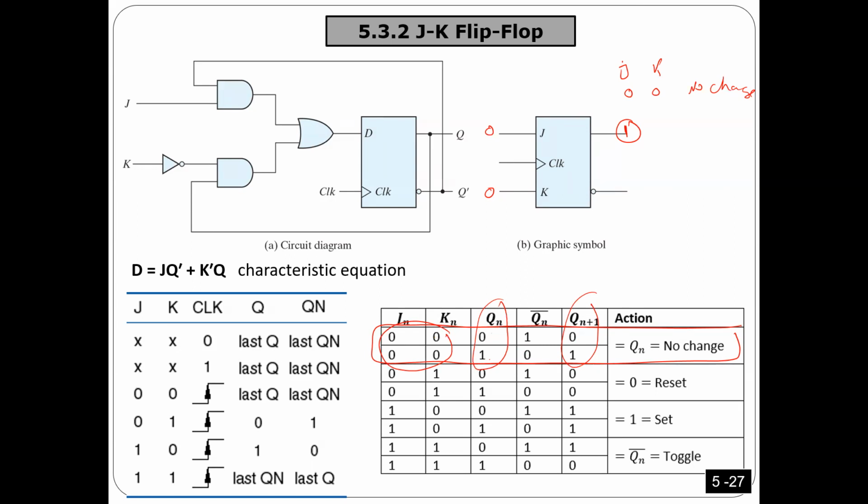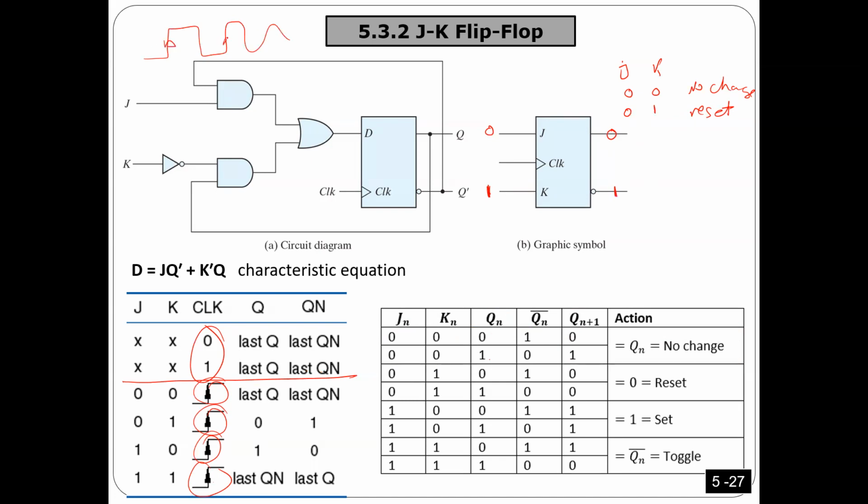Here, if you put 1 at K and 0 at J, this is the reset case. That means we are going to put 0 here. But again, this should happen for sure at the clock. If there is no clock, no change. I don't need to say that. Changes only happen at the clock.